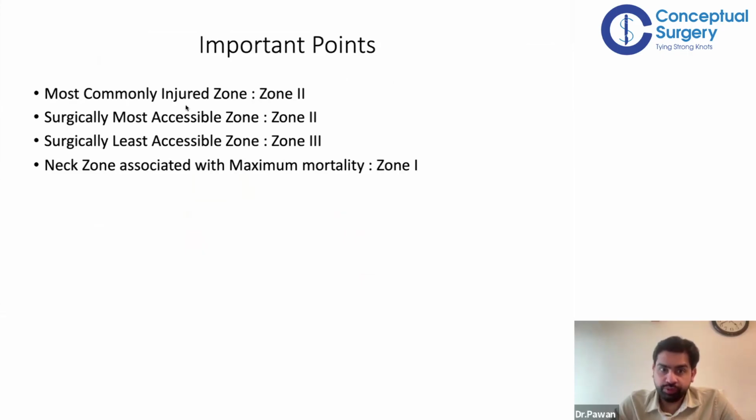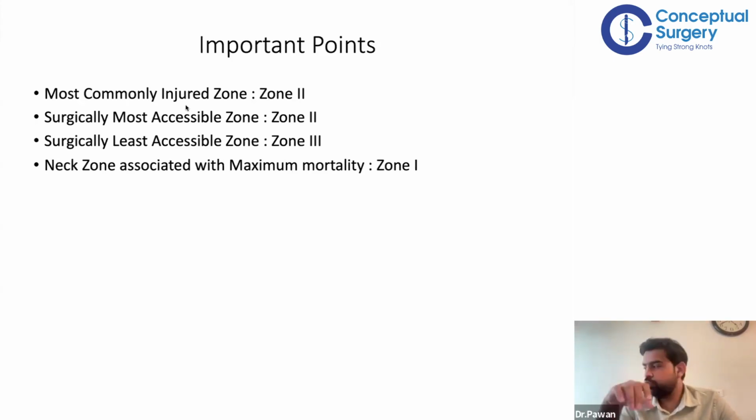It is zone 2. Surgically least accessible zone is zone 3. It's very, very difficult to perform surgery in this zone between the angle of mandible and the base of the skull. So just remember this.